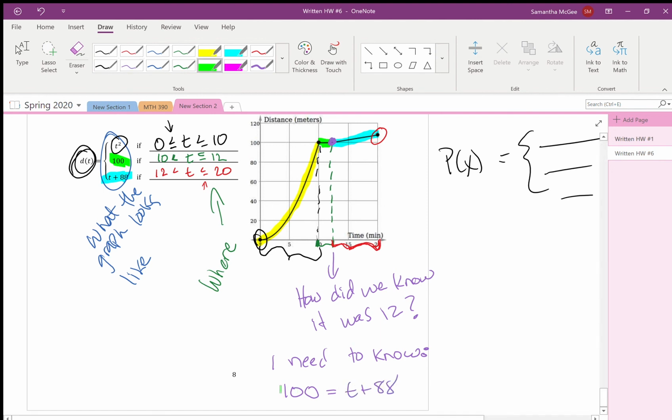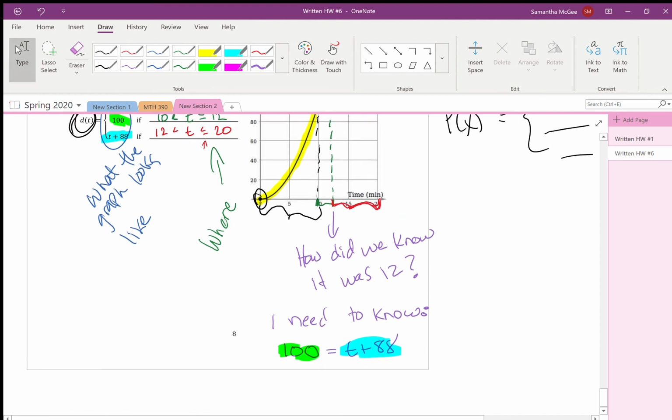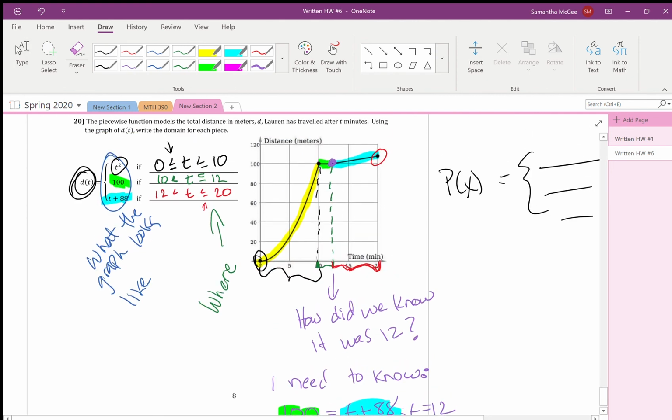Again, here's the green, here's the blue. If we solve for t, we'll get that t is 12. So that was how I knew that piece was 12.